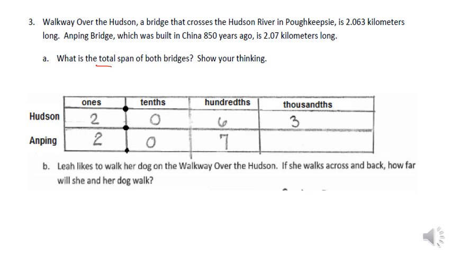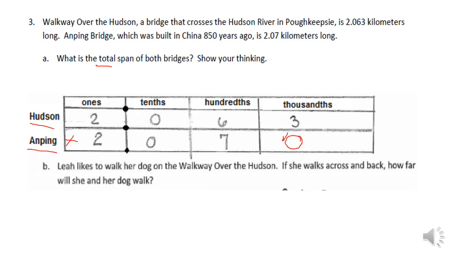So you can see here they've used a place value chart, and they've put the Hudson in there, and they've put Anping in there. Now, when you're adding or subtracting decimals like this, if you have two different lengths, such as this one here, it's missing a digit, you want to put a placeholder in there.